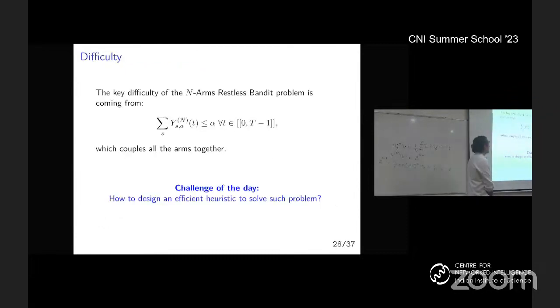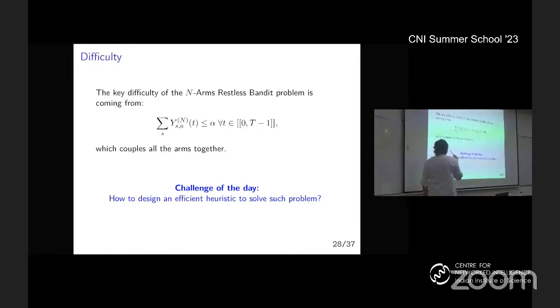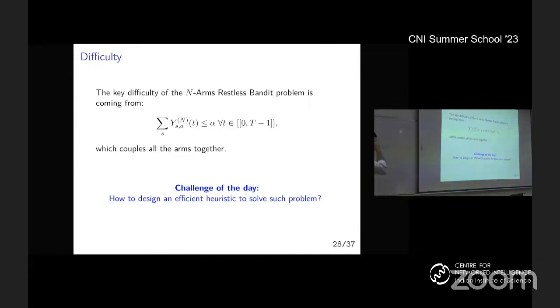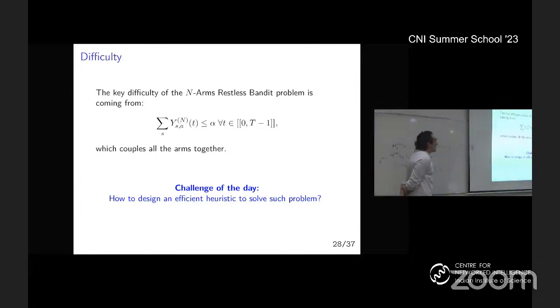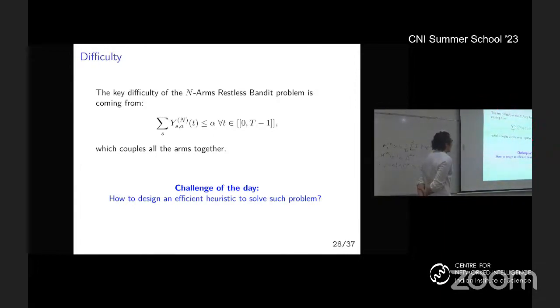So the key difficulty is that there is a coupling due to these constraints. Because we want that at every time, with probability 1, in the sense that it's not even probabilistic, I'm only playing action A on N alpha arms. So the proportion of arms where I'm playing A at every time should be less than alpha.